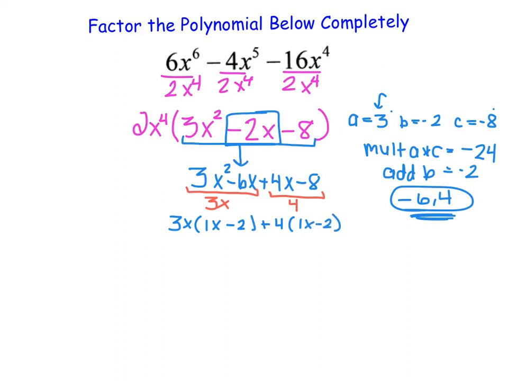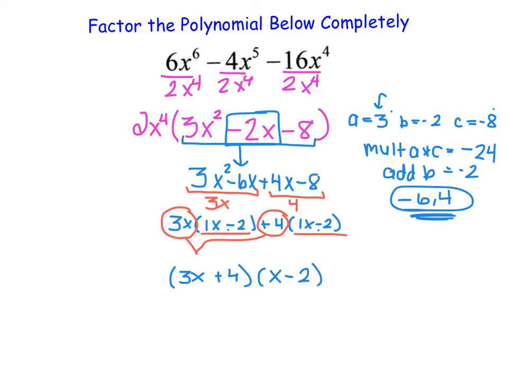So from here, remember our goal is to see matching parenthesis pieces here. So because we see 1x minus 2 and 1x minus 2, we can group the 3x and the 4 together, and we can say, well, both 3x and positive 4 are being multiplied by that parenthesis piece in common, which is x minus 2.